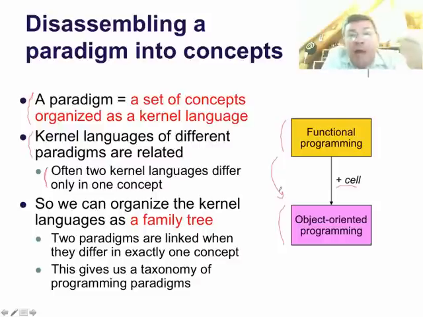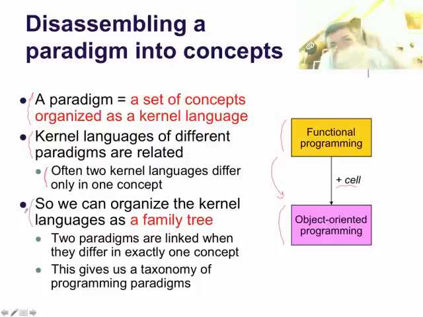If we apply this principle in a thorough way, by looking at as many paradigms as we can and defining them in terms of their kernel languages, we can organize kernel languages into a kind of family tree, where each paradigm with its kernel language is related to others, descends from others by adding concepts. So two paradigms are linked when they differ in exactly one concept. So we get a kind of family tree or a taxonomy of the different programming paradigms.